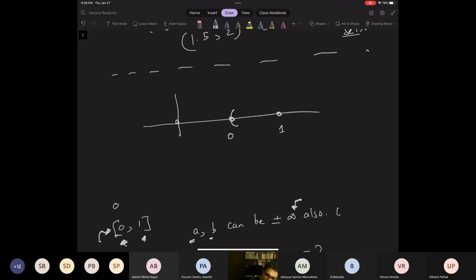This is an open interval. Now let's imagine that we're taking open intervals, and we go on taking open intervals in such a way that they are always to the left of 0.5, and we take open intervals to the right of 0.5. And we take an infinite number of these.